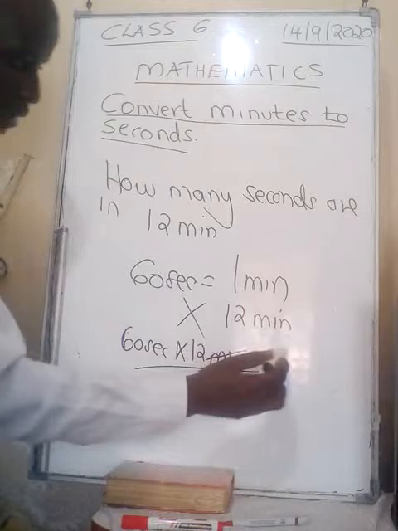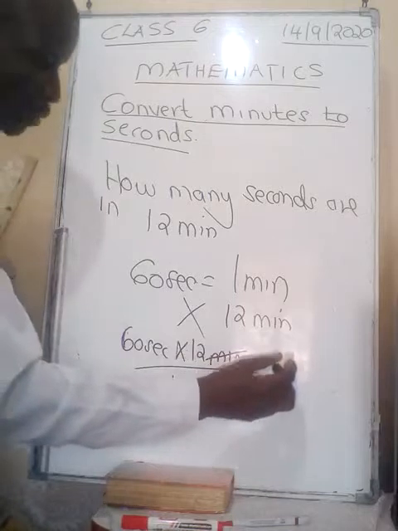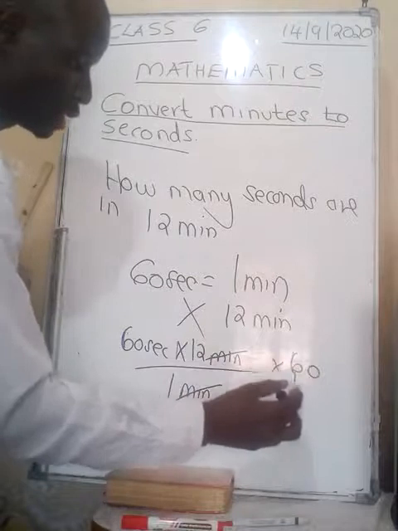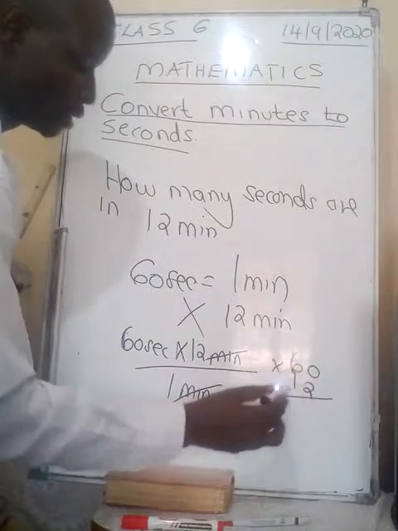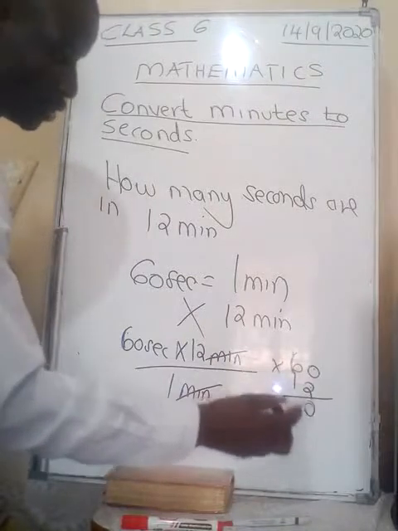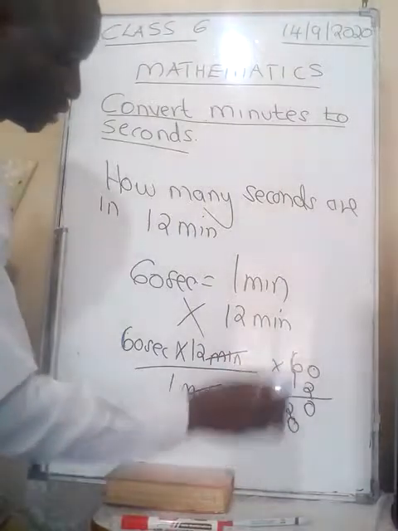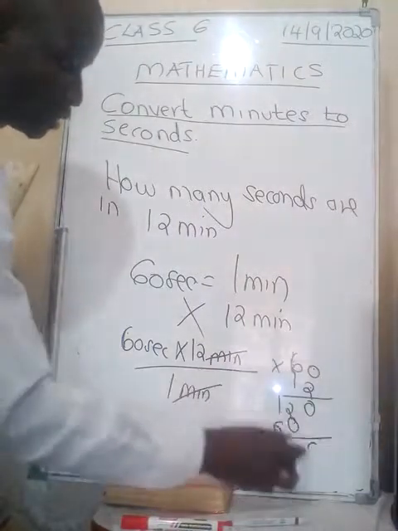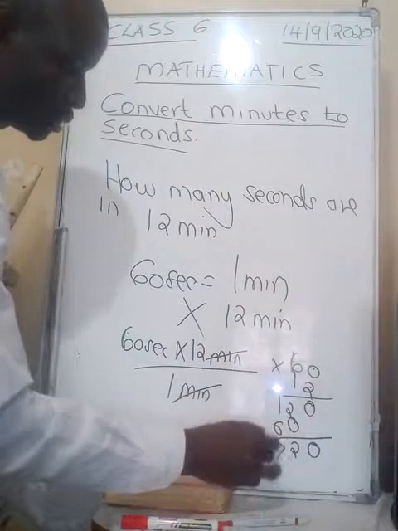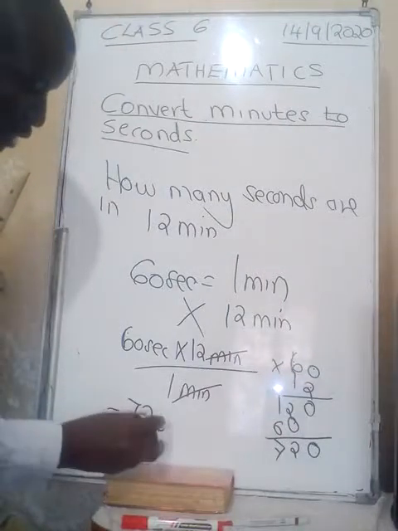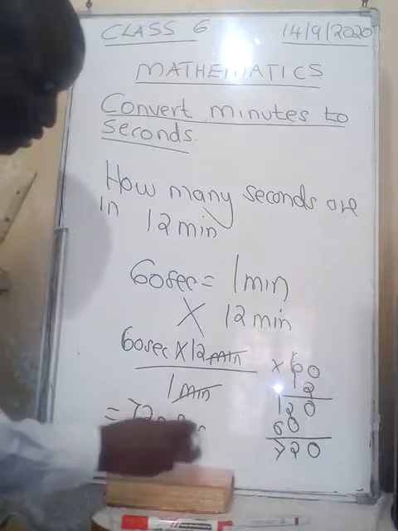So you take 60 multiplied by 12. 12 times 6 is 72, so we get 720 seconds.